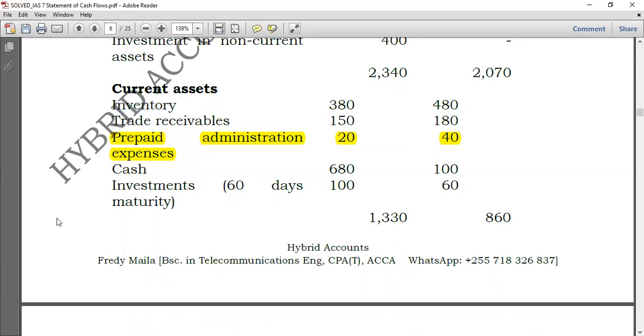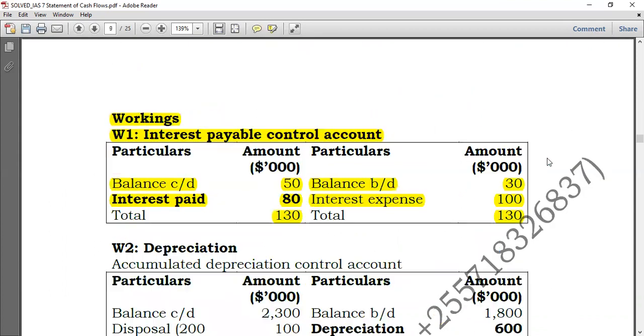So since I do not find it, it means that even if I prepared a control account, just as for interest, let me show you here. I think you see interest payable. If it was interest receivable, that means the opening balance was 0 on the debit and the closing balance was also 0. So even if I placed it in here, I would have come up with the same interest income of how much? That same figure of 50.